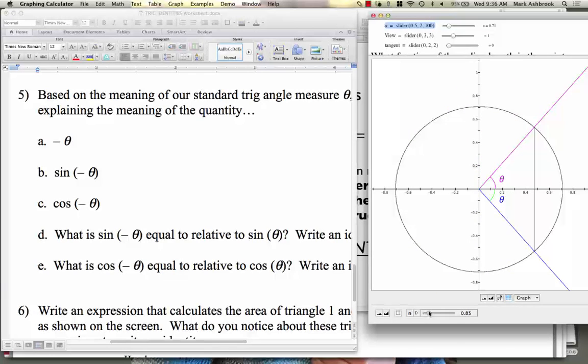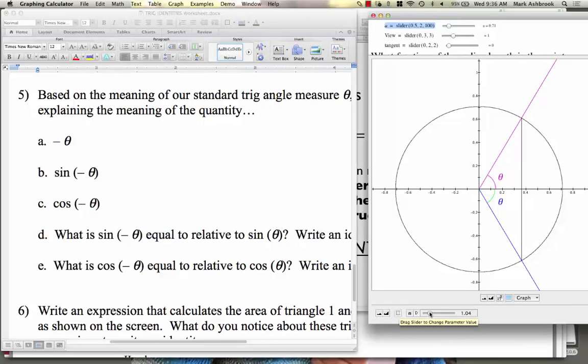Okay, so then what would the sine of the opposite of theta be? If you took the sine of the opposite of theta, how would you define what you're talking about? It's the sine of the angle that gives you this point, so it'd be like the vertical distance below.